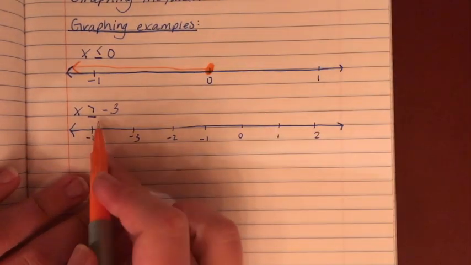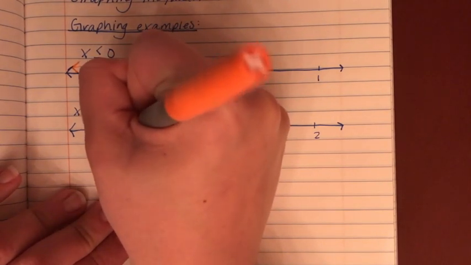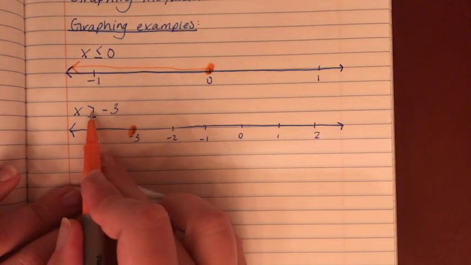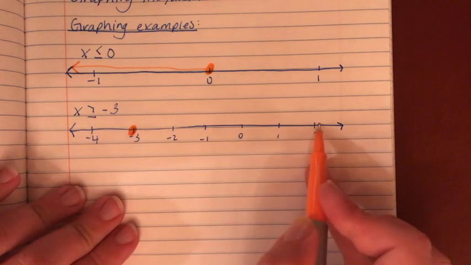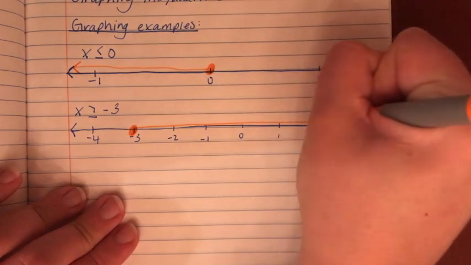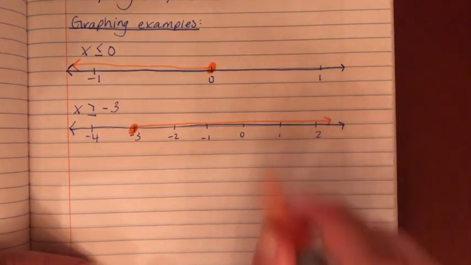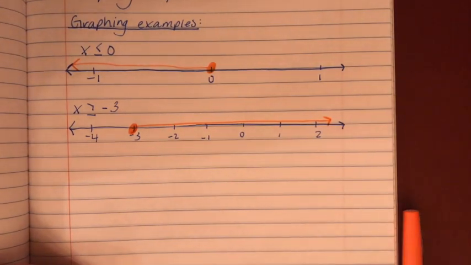So since it can be equal to, we're going to put a closed circle. And then since it's greater than, it's going to go to the right. It's going to get larger. And we put an arrow at the end to show that it continues that direction infinitely. Okay, let's do another one.